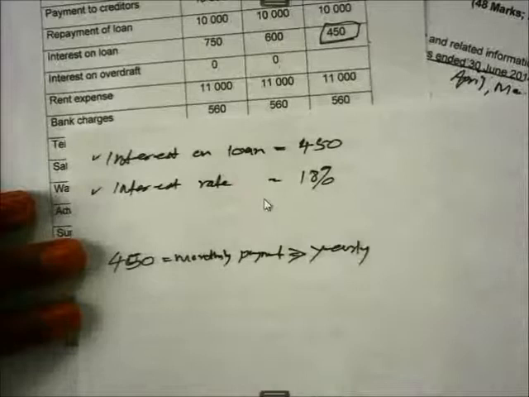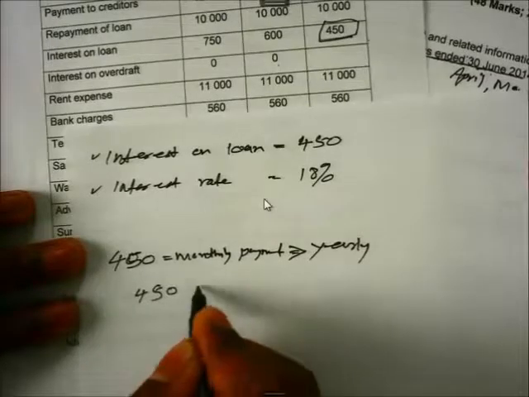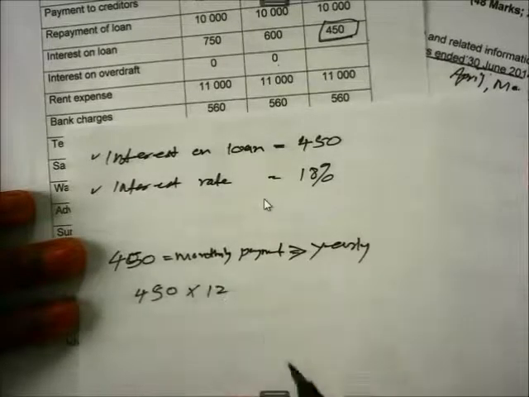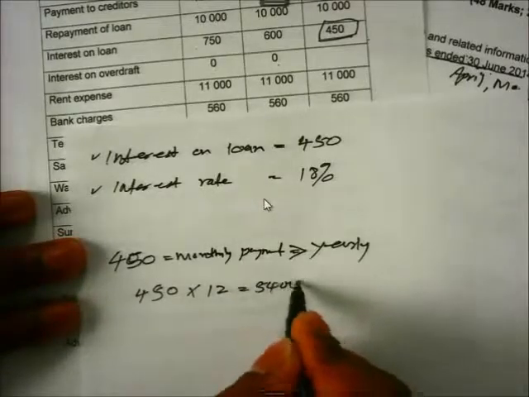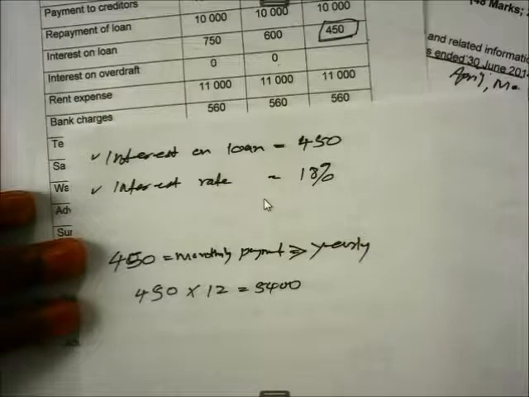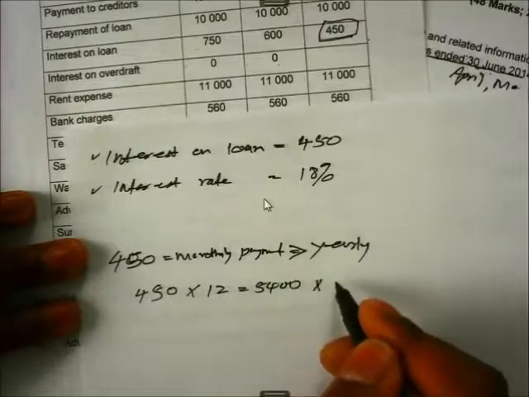Then you will say 450 multiplied by 12 gives us 5,400. If it was for the year, it will be 5,400. And then we know that this is 18%.